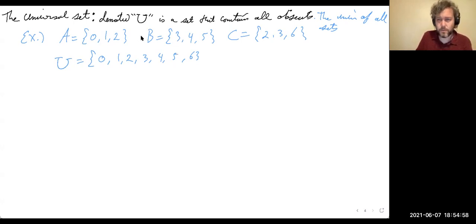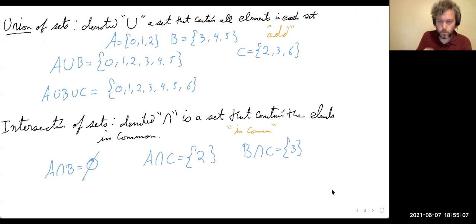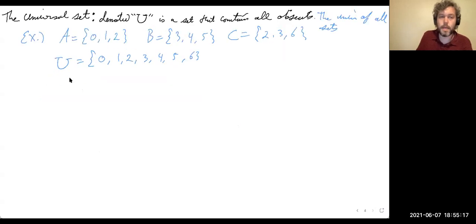The thing that's confusing is that it is also denoted a capital U, but I hope it's clear that when we use union, that is in conjunction with two sets. It's an operator operating on these two sets. The universal set is its own thing.